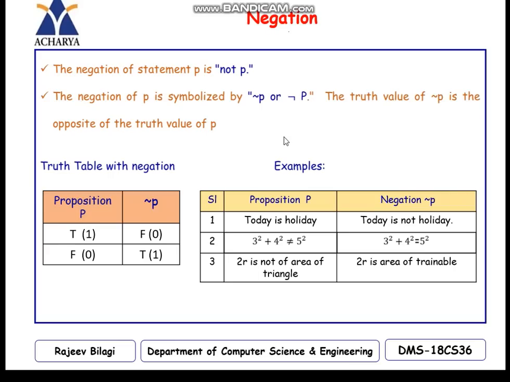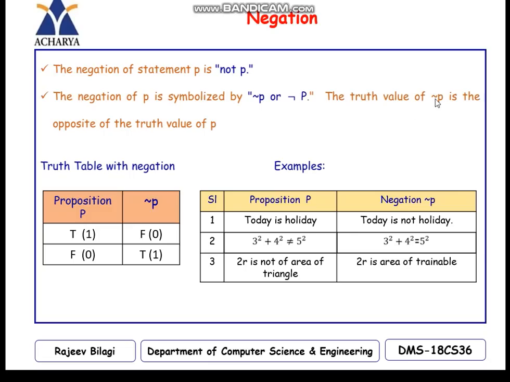Negation is a reverse. The negation of a statement P is not P, a negative statement. The negation of P is symbolized with this particular symbol. From now onwards, I am always going to use these kinds of symbols in the further part of this chapter.